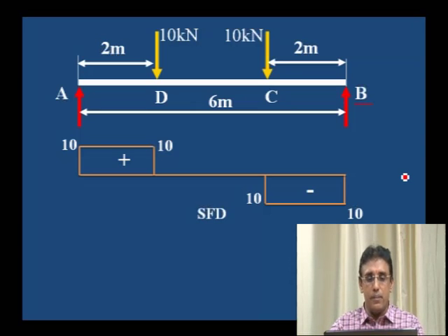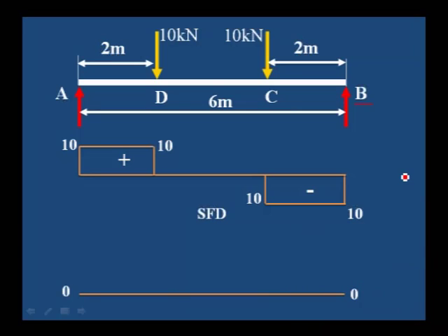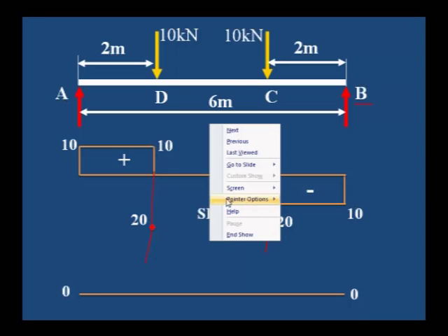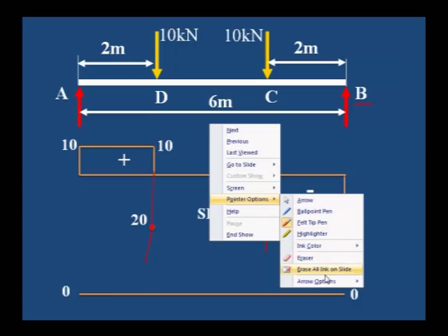To draw the bending moment diagram, first draw the horizontal line, then mark the values of bending moment at D point and C point. These are the two values, 20 kilonewton meter.